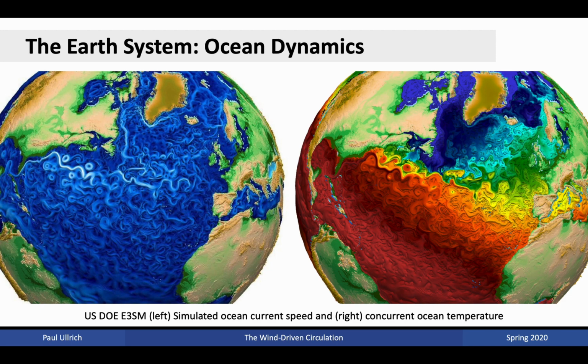You can also see them on the right-hand side, showing concurrent ocean temperatures. Again, these little circular features essentially provide a means for warm ocean waters to be basically isolated within the colder surrounding ocean waters. These ocean eddies have many sizes associated with them, but a typical size is on the order of 100 to 200 kilometers.